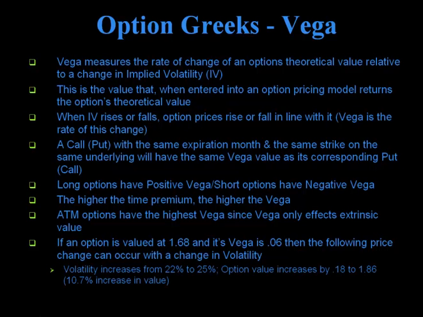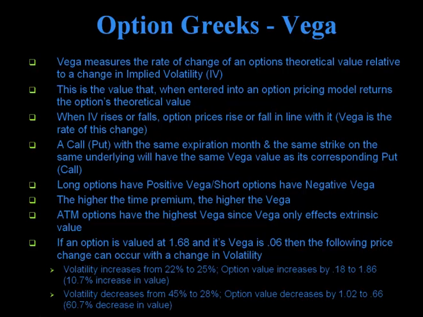So here we've had a 3% change, so it's going to go up by 0.18, or it's going to go from 1.68 to 1.86. That's a 10.7% increase in the value of that option contract just because of a 3 percentage point increase in implied volatility.